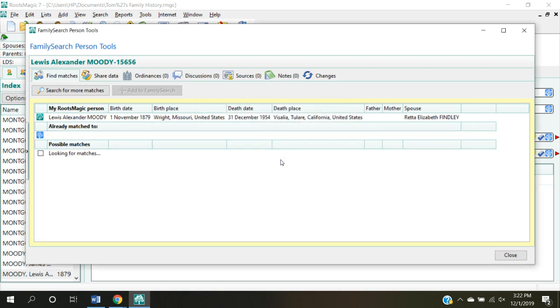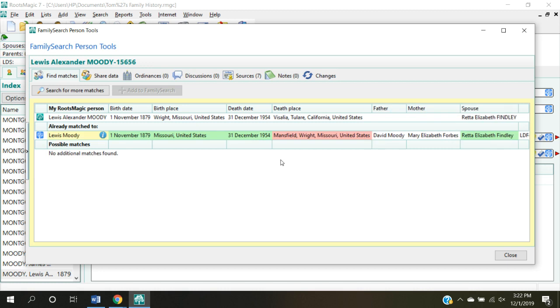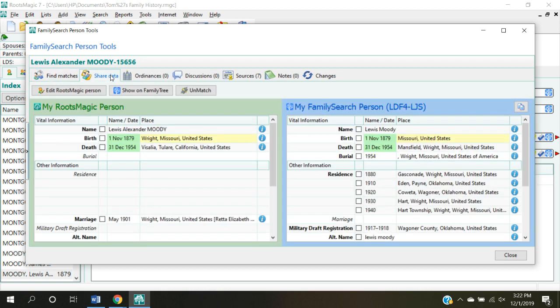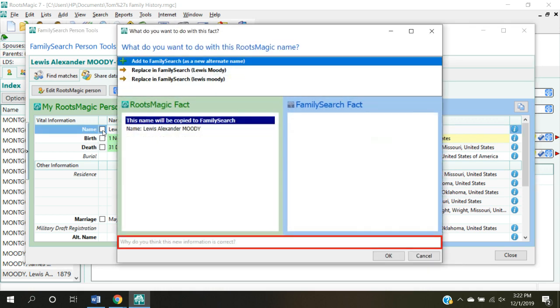Once I've done that, it'll tell me how many ordinances were done for Louis Alexander Moody. This 0 here tells me that I don't need to do any ordinances. If I click on Share Data, I can either share what they've put over here in Family Search or what I have with Family Search. I have his full name, and I know that's correct.